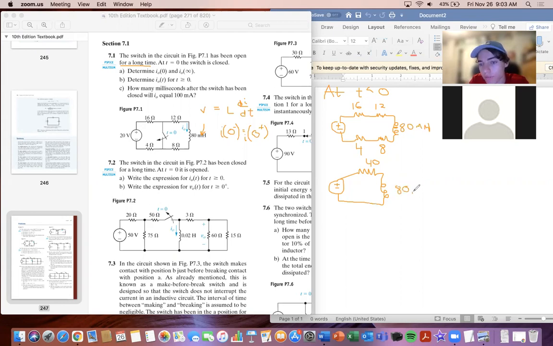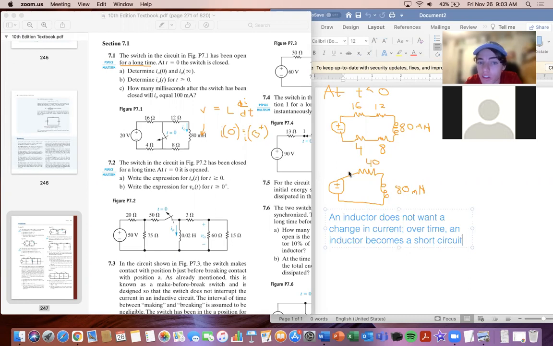The two main takeaways for an inductor are that an inductor does not want a change in current, but over time, an inductor becomes a short circuit. Because if we look here, the current will just be staying the same over time.